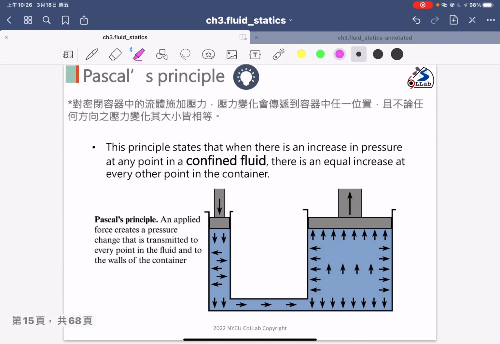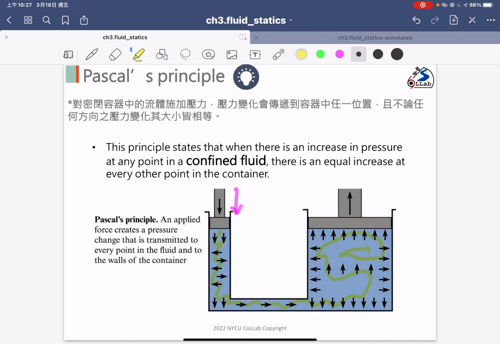This idea we call the Pascal principle. That's because if I push the force here, the delta pressure change will propagate through all the fluid inside, and the pressure change propagates in all directions in the fluid material with the same magnitude.